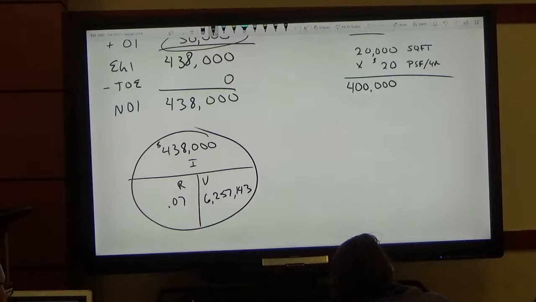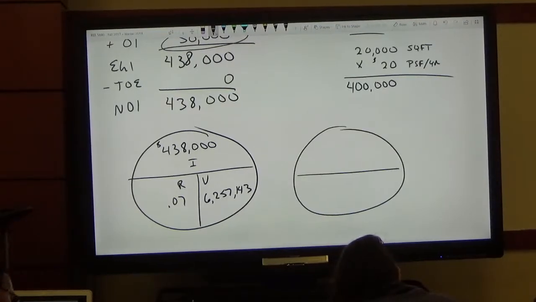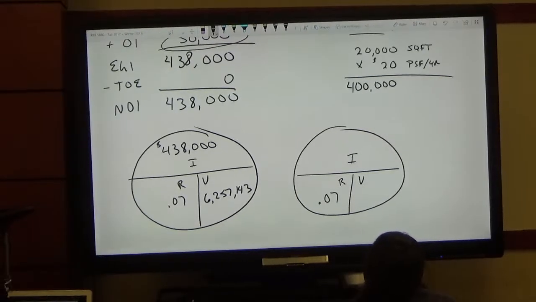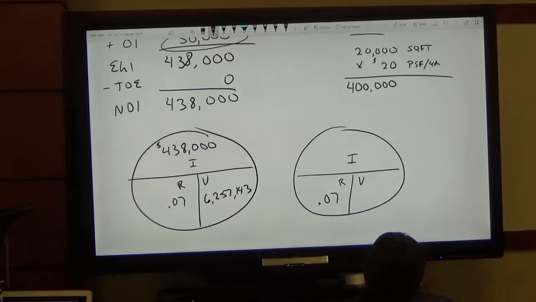Okay, now, before we go to this next topic, I want to illustrate something real quick with this simple model. Let's just say that our cap rate is 7%. Something that you need to embed in your brain is how important incremental dollars are to the value of a project.